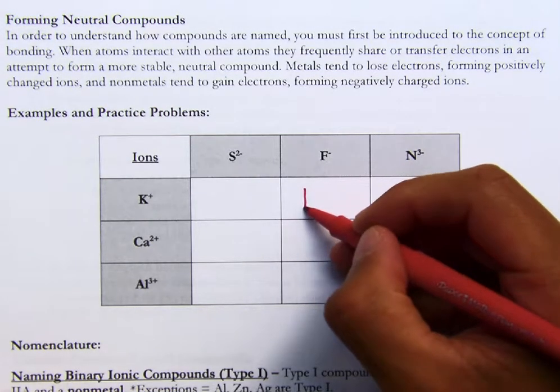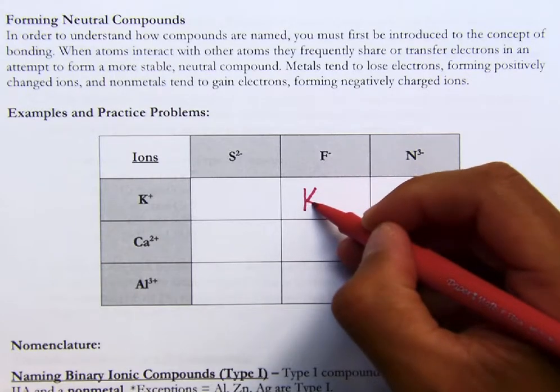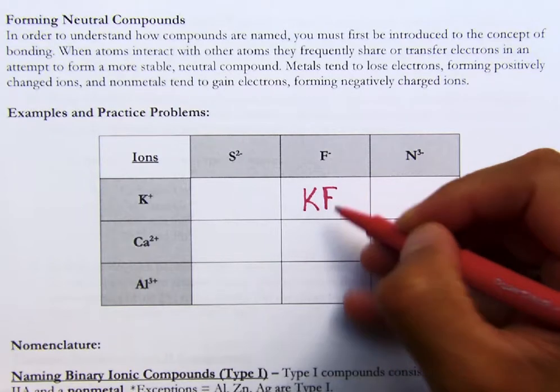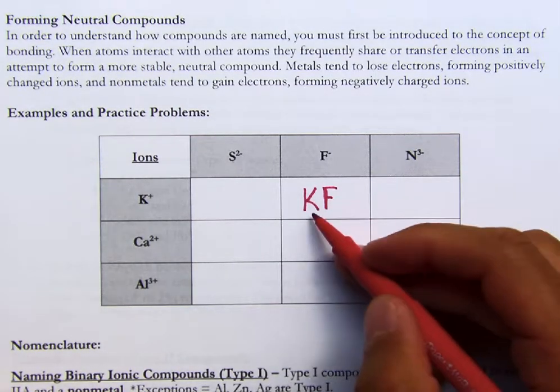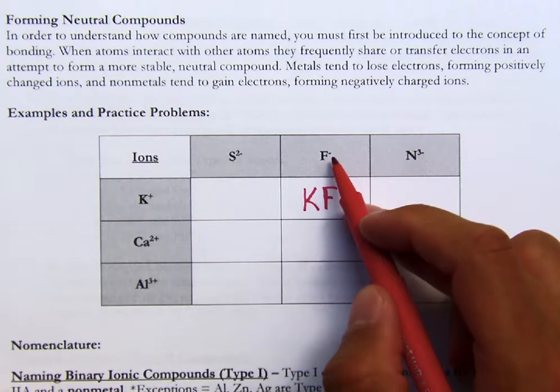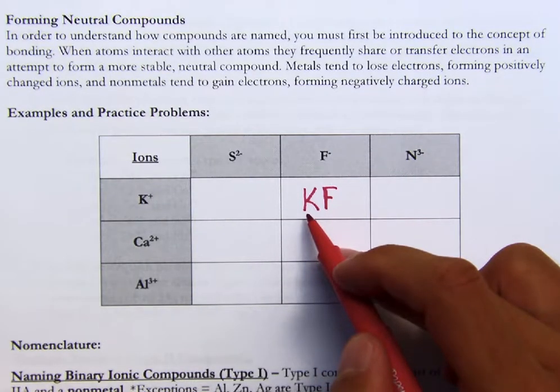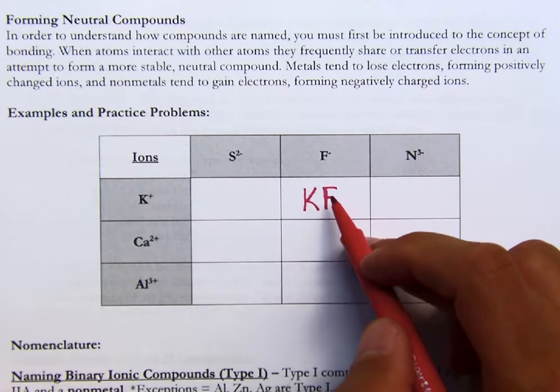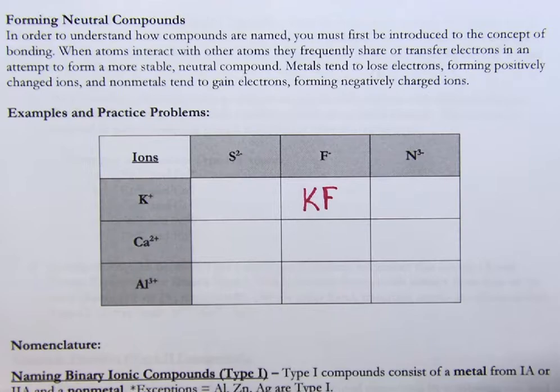So we have K and we have F. Now, K has a +1 charge. F has a -1 charge. So if this is +1 and this is -1, those two charges cancel out, and this is a neutral compound. That's the simplest neutral compound that can form. So just one of each.